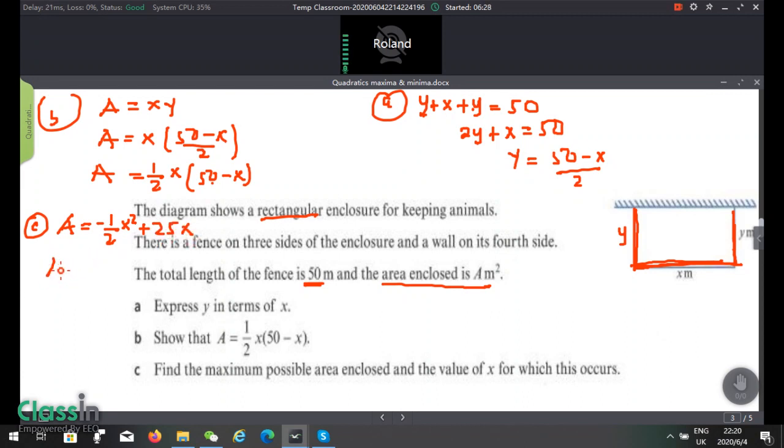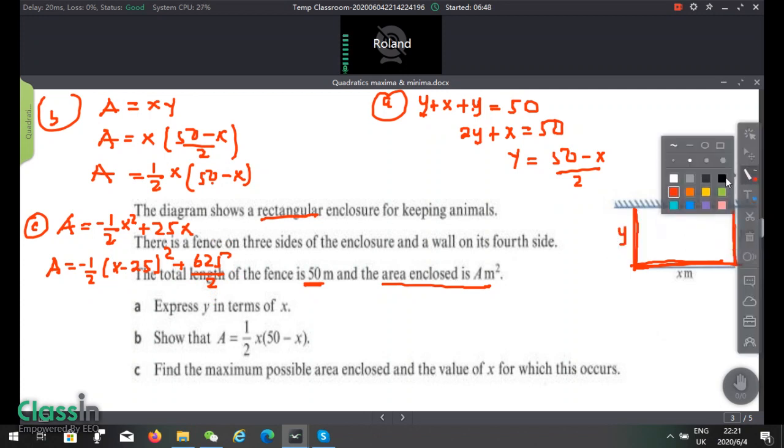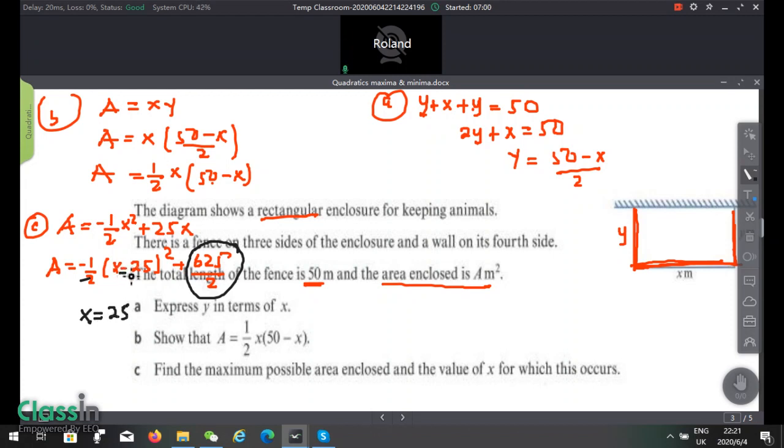So if we complete the square, we have negative 1 over 2 (x minus 25) squared plus 625 over 2. This is a completed square. So clearly the maximum area is 625 over 2. And the value of x for which the area is maximum is x equals positive 25. Remember, this is negative. So x is positive 25.